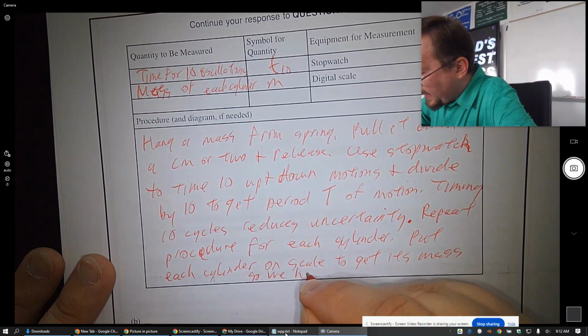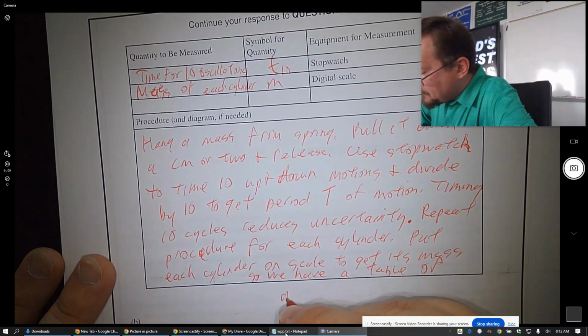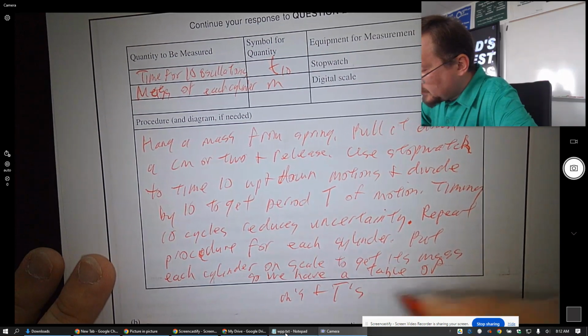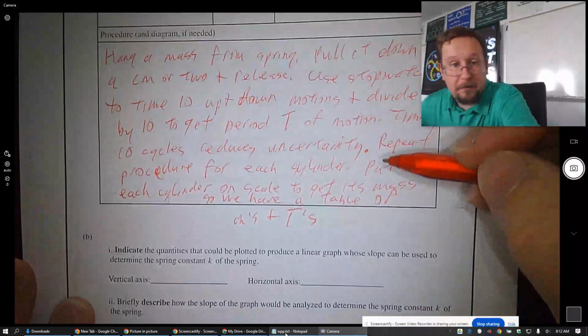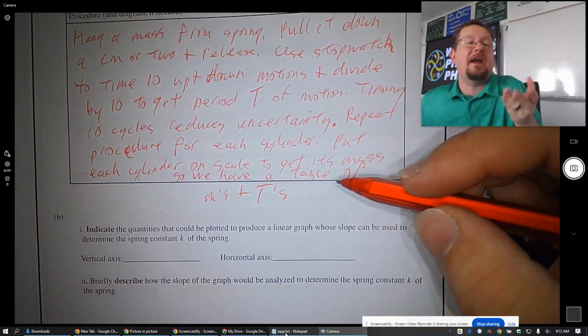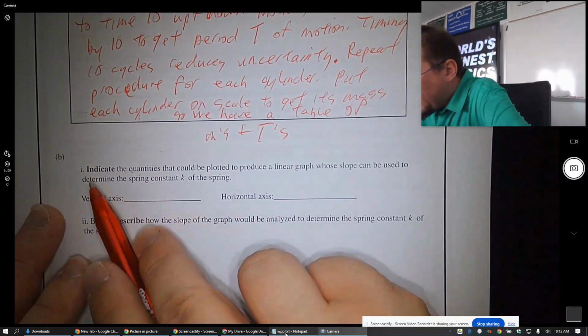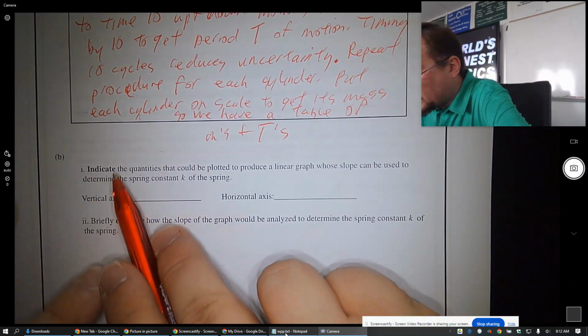So we have a table of masses and periods, right? Okay, so all good. Well, friendly, you're not supposed to say draw a data table in your lab notebook. No, I didn't say draw a data table. I'm saying what the table's going to look like, right? Okay. Indicate, which means just answer the question.